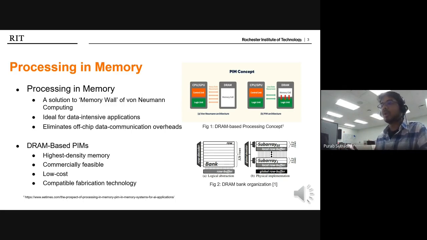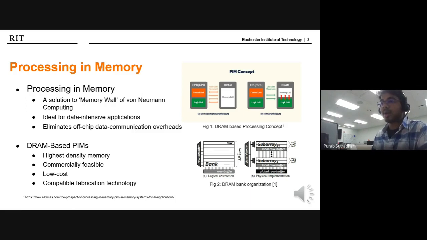And therefore, we are considering alternative computing models that go beyond the von Neumann model. Such an example is processing in memory. In this one, we don't need to move the data out of the memory chip because the processor itself is located inside the memory. And therefore, we have much less memory bottleneck and energy loss.